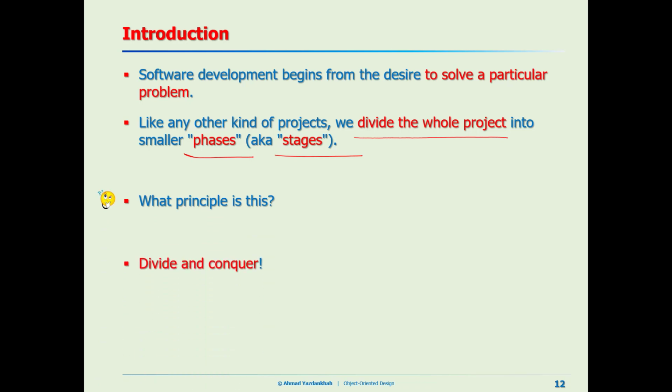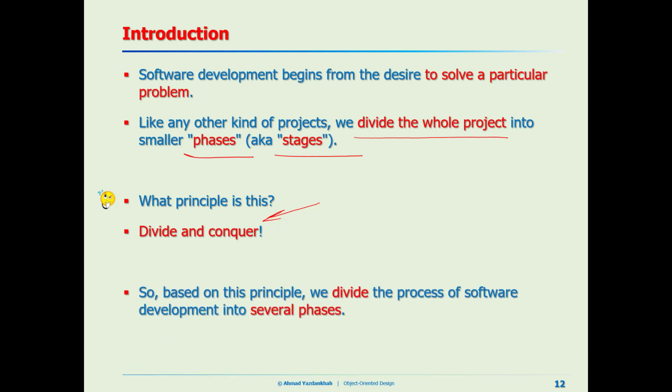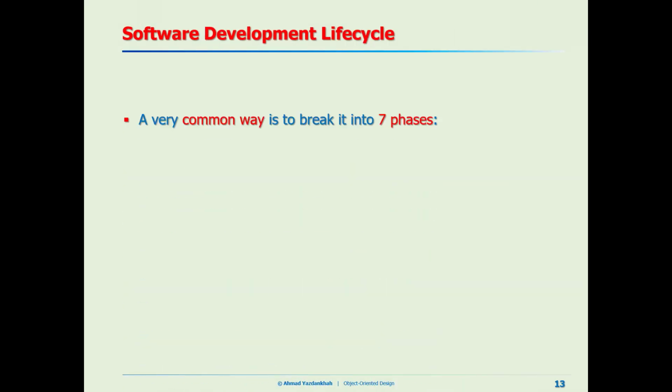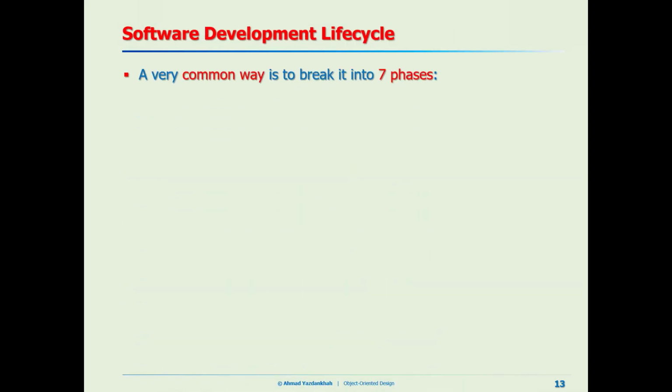Yeah, I am sure that most of you answered correctly. Divide and conquer, right? So based on this principle, we need to divide the whole process of producing the software into some phases, okay? And these are the phases that we will break the whole process into.